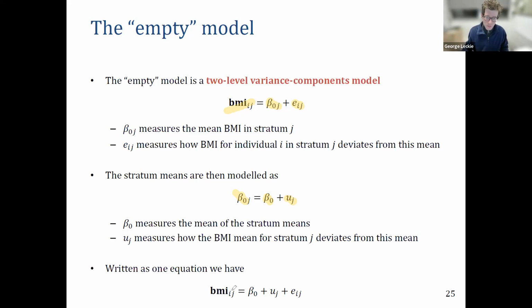Substituting the second equation into the first gives the third equation on the slide. Here, the body mass index score for individual i in stratum j is equal to the overall average BMI score across all the strata, plus u_j, how much higher the mean BMI is for the stratum they belong to, and then for that particular individual i within that stratum, e_ij, how much higher or lower, if it's a negative value, their observed BMI is.